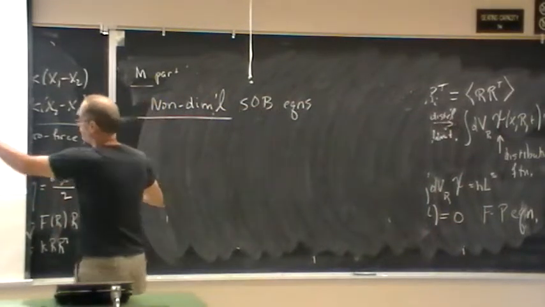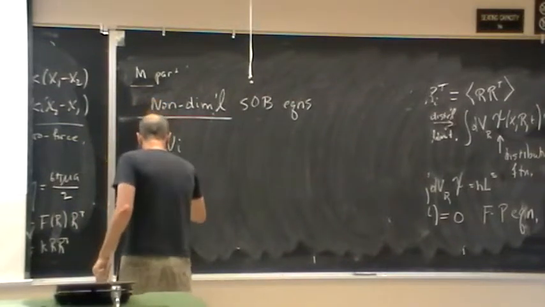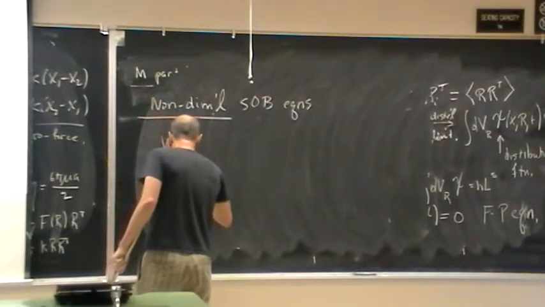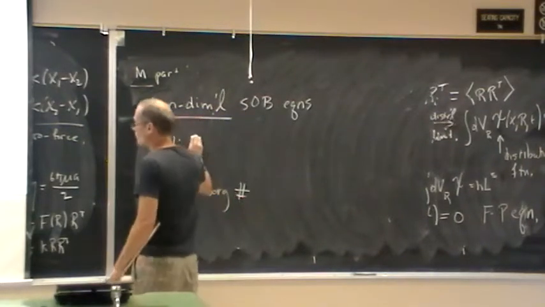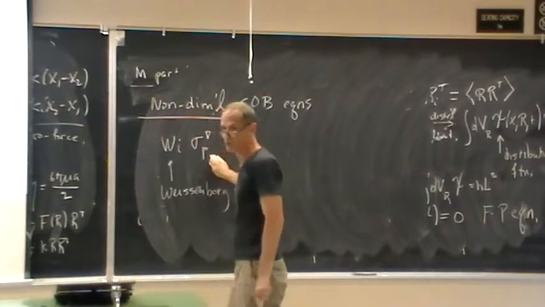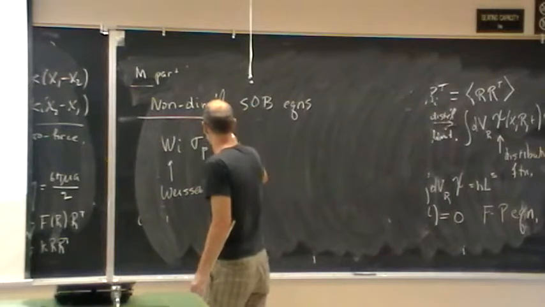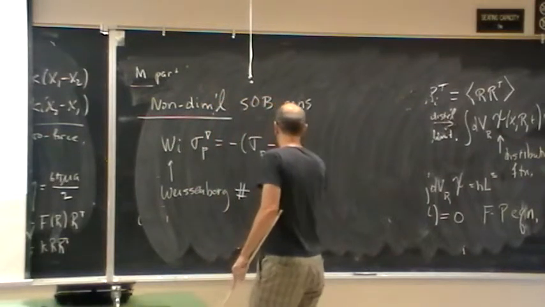I have that right there, but here I have the so-called Weissenberg number, times sigma p upper convective derivative is equal to minus sigma p minus the identity.